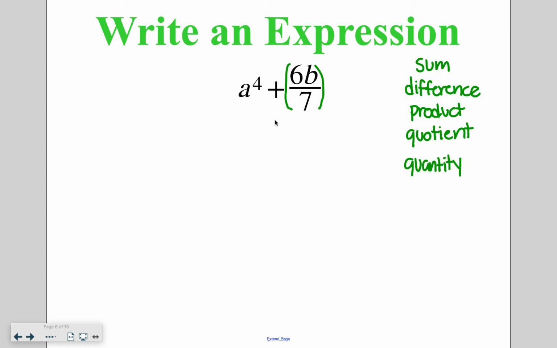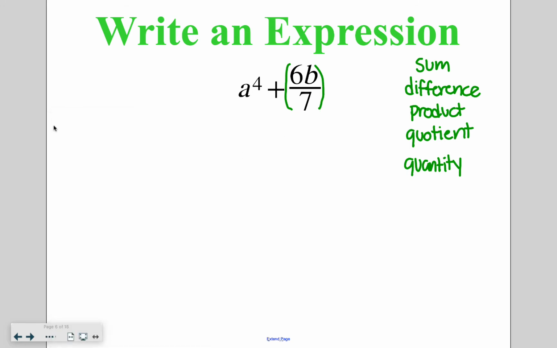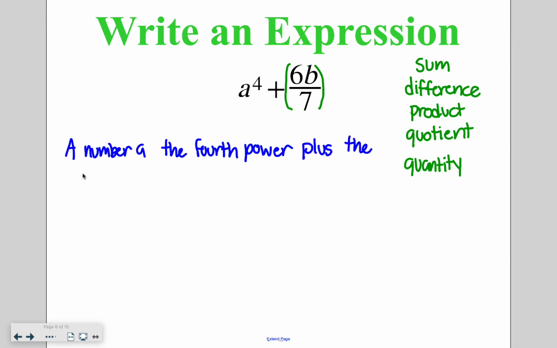So, for example, if I was going to translate this expression, one option I could have would be to say a number a to the fourth power plus the quotient, that's the word I'm going to use to show that it needs to be a fraction or a group with division.